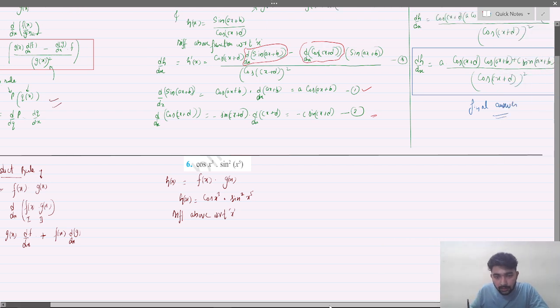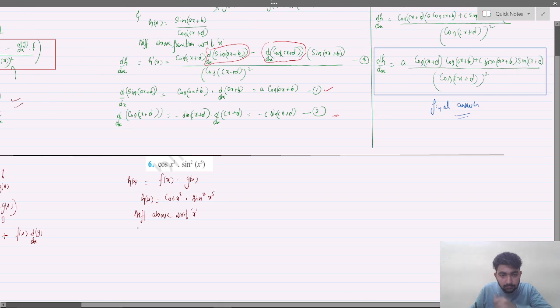Now how can we differentiate? We can apply the product rule. dh upon dx will be d by dx of cos x cube, and the second function sine square x raised to the power 5 as it is, plus cos x cube as it is, and here d by dx of sine square x raised to the power 5.